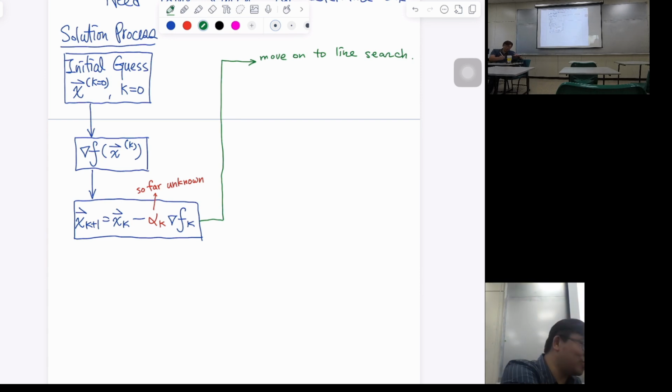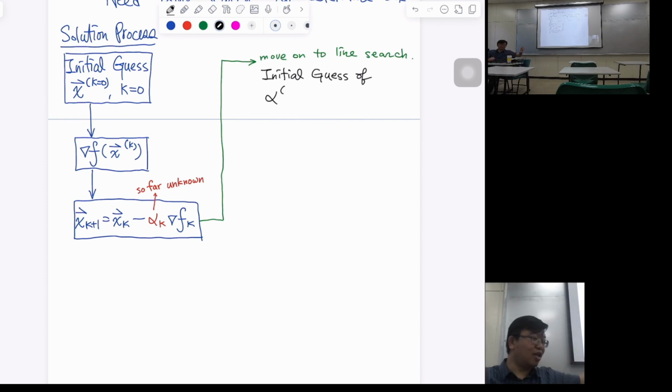So please pay attention. I will have an initial guess of alpha. And it's a scalar, so only one value. Since in the main procedure I have an iteration number of k, for the line search procedure I will change to a different iteration symbol.